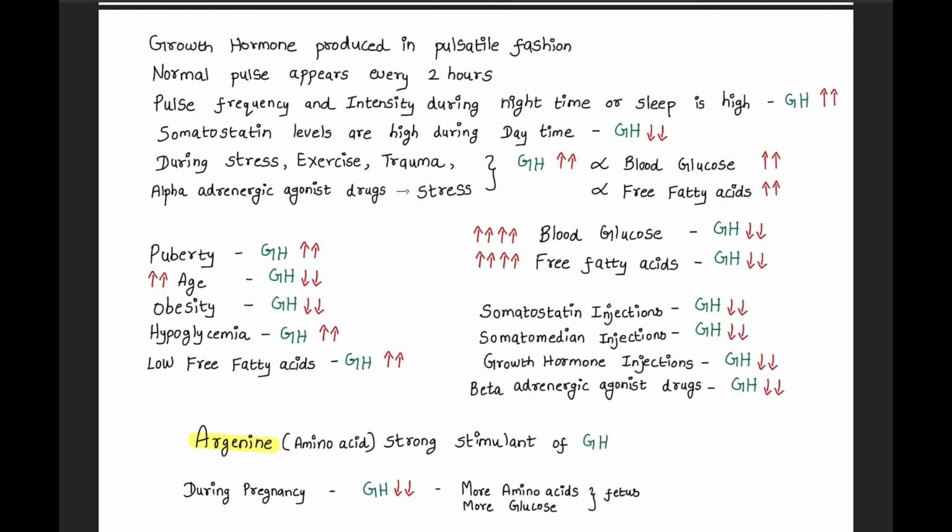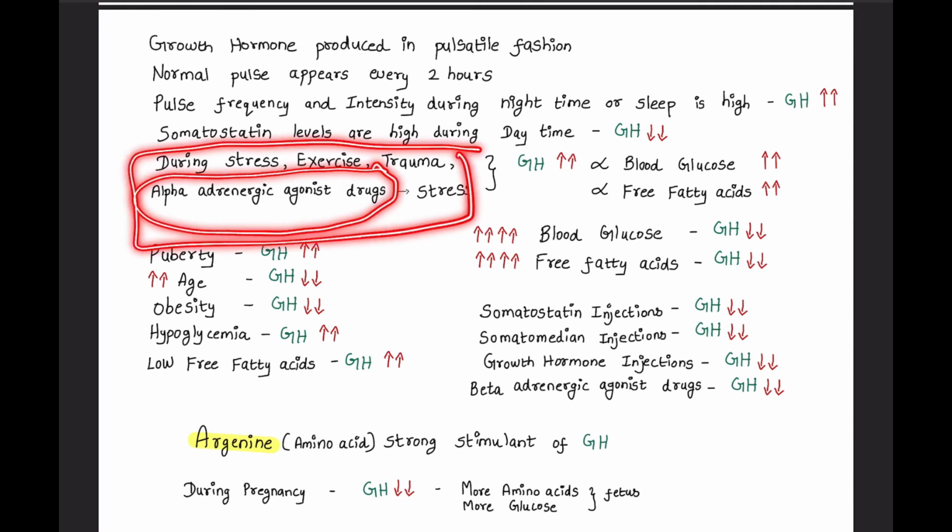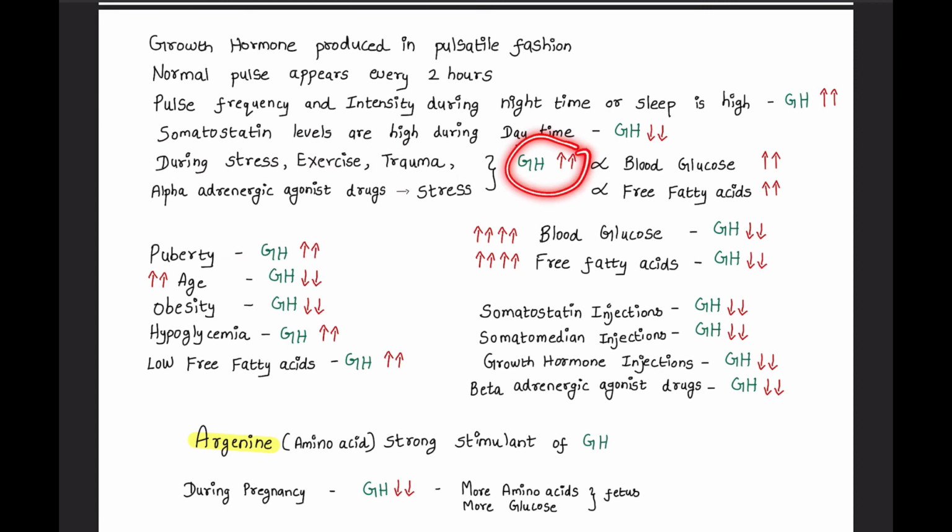And also know that during stress, exercise, trauma, and for stress management, if you consume alpha adrenergic agonist drugs, these will increase the growth hormone levels in your body.